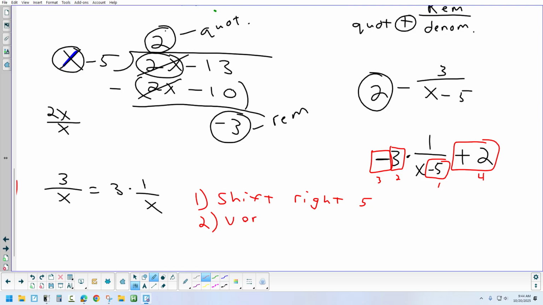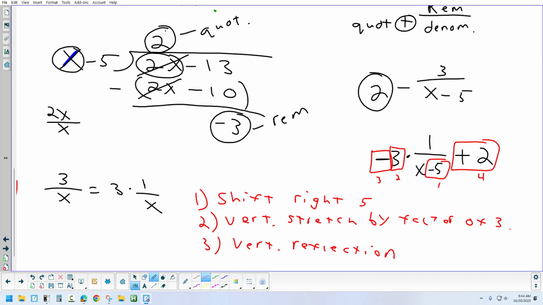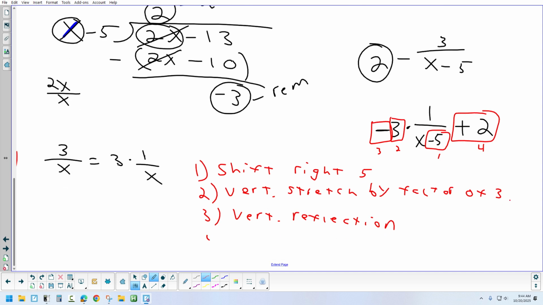Yes. Perfect. And now you already said the next step, a vertical reflection because of what's in box 3. And what's going to be my last transformation? Shift up 2.